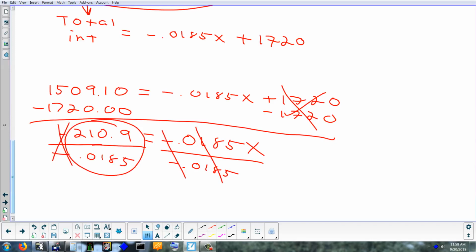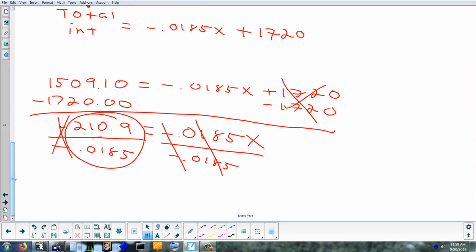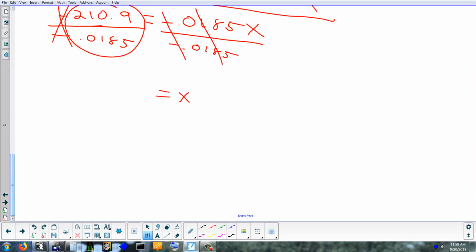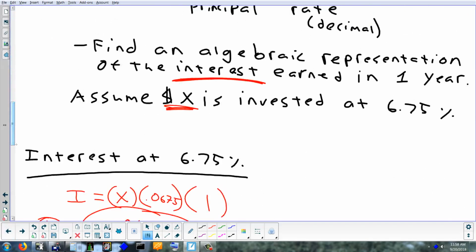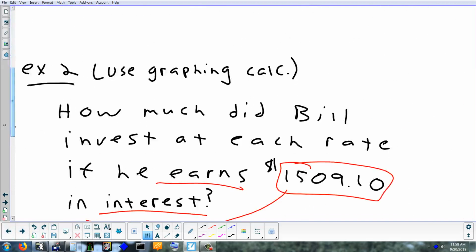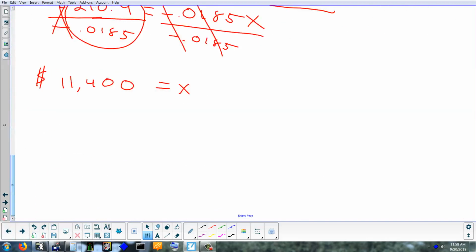Does anyone have what that is? 11,400. So x is 11,400. Let's go back and look at what x was again. X was the money at 6.75%.